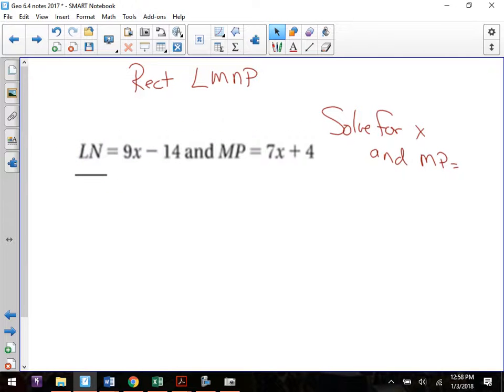So, one of the things you guys have done in the past, you've been given specific information. For example, you might say that you have a rectangle, L, M, N, P. You have that rectangle, and it gives you specific segment lengths. You need to figure out what segment lengths they are.